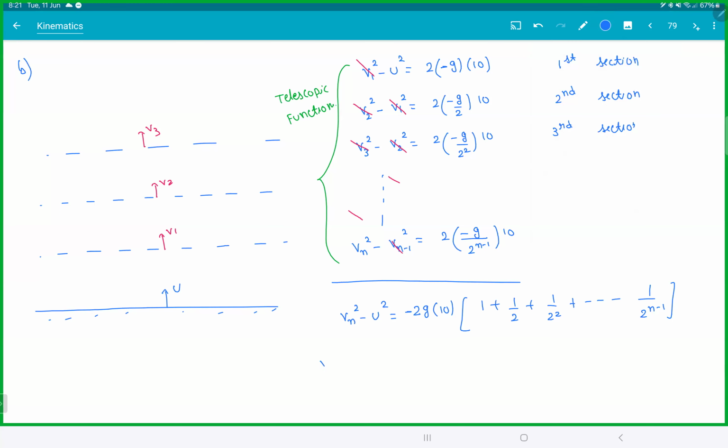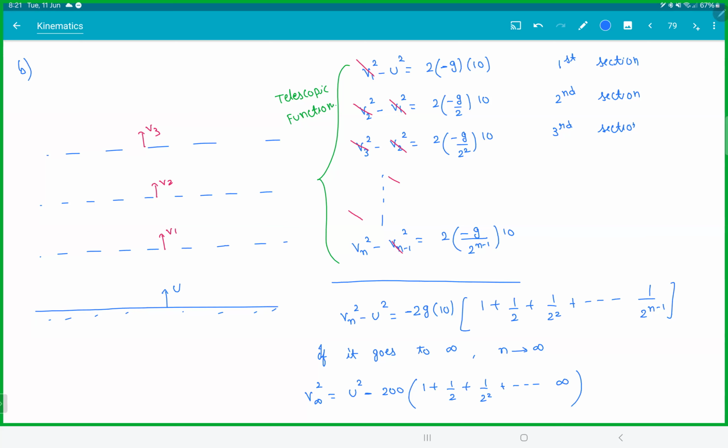Now, when you add this up, you end up with, now you want to go to infinity. If it goes to infinity, that means n will tend to infinity. So your Vn becomes V infinity. So this becomes V infinity square is equal to U square minus 200, this guy would be 1 plus 1 by 2. Now suddenly the sequence becomes an infinite GP.